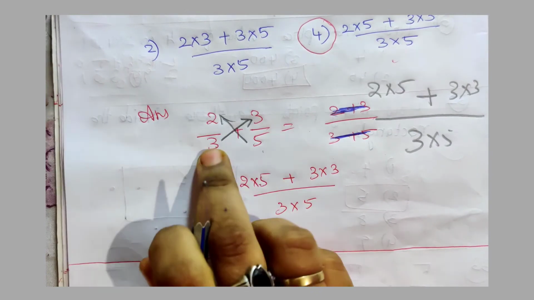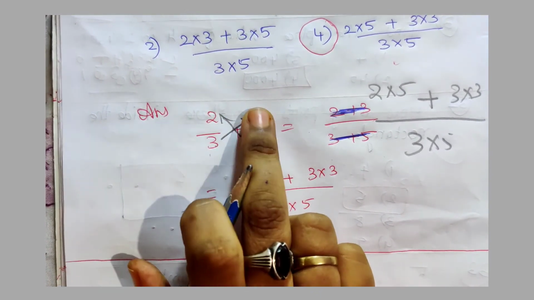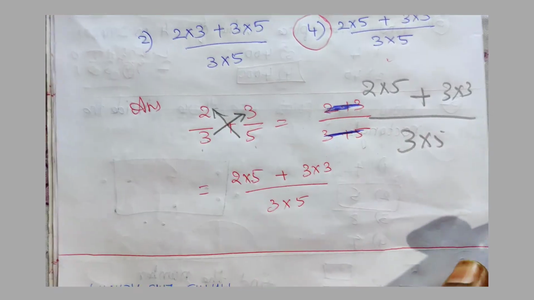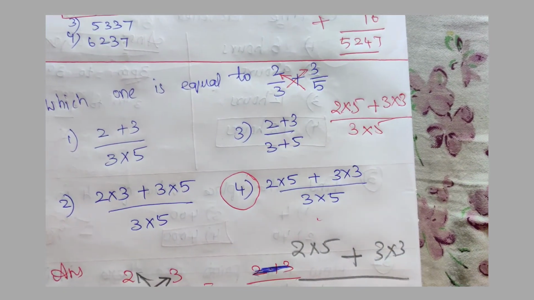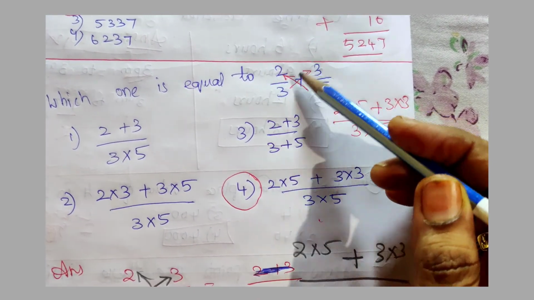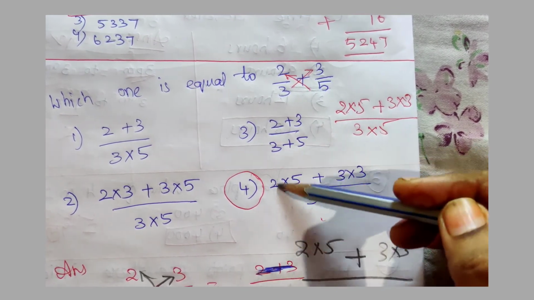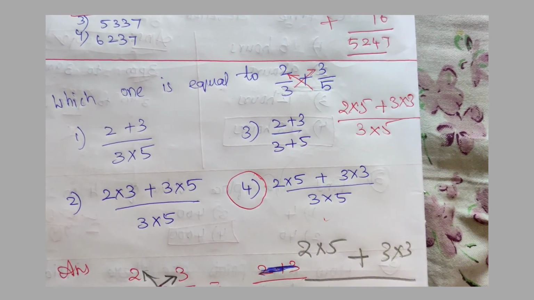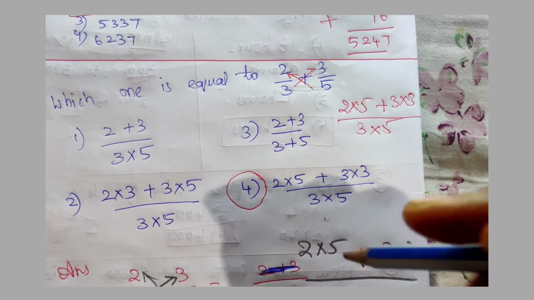So this will be equal to the fourth option. If this is somewhat difficult, just cross multiply the two numbers below, and that will be the answer. You will be learning LCM and all that later, and at that time you will come to know all these things. So this is basic.